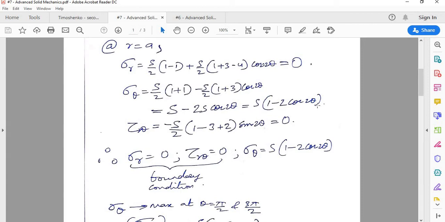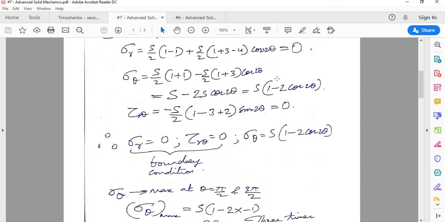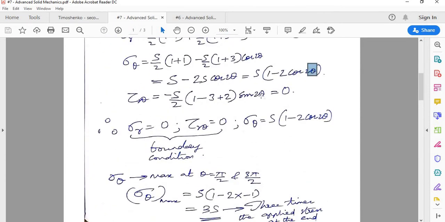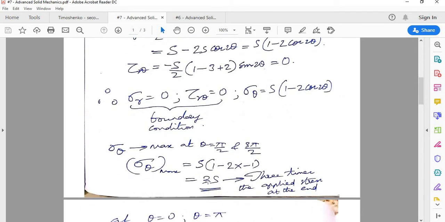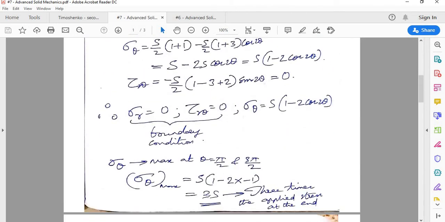Let us substitute theta equal to 90 and 270. Theta equal to 90 is this location, theta equal to 270 is this. So this is 0, 90, 180, 270. When you substitute theta equal to pi by 2, what you get is sigma theta equal to 3s, and that is the maximum sigma theta.